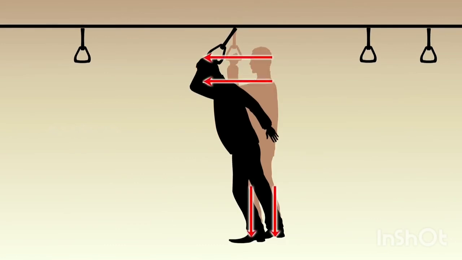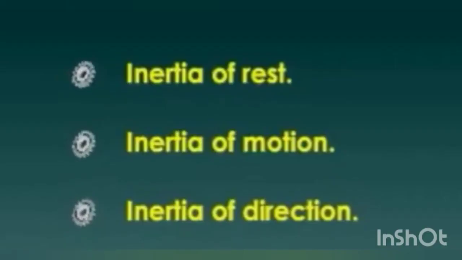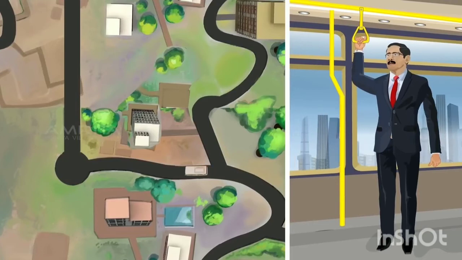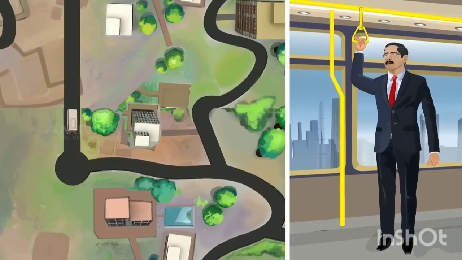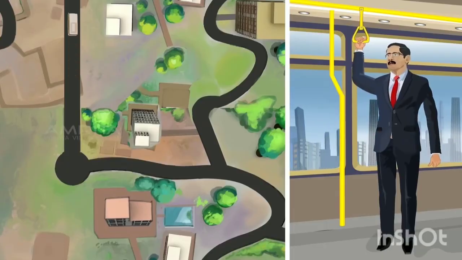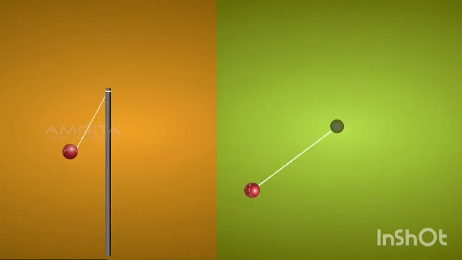The third type is directional inertia or inertia of direction, the inherent property of an object due to which the object cannot change the direction of its motion.